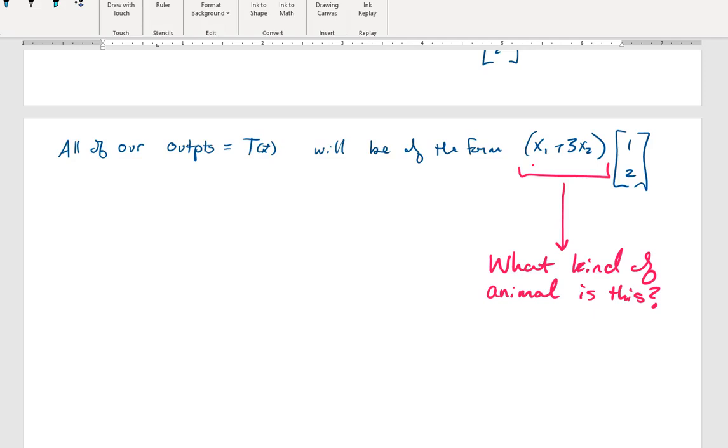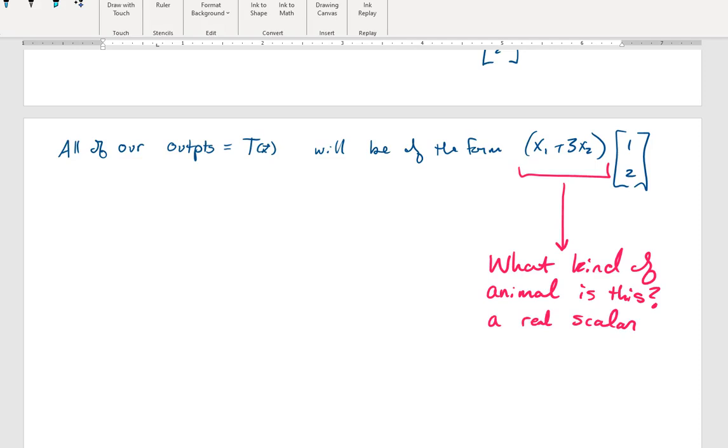Negative 5 plus 3 times 1 is negative 2. Whatever I plug in for x1 and x2, I get out a real number, a real scalar.